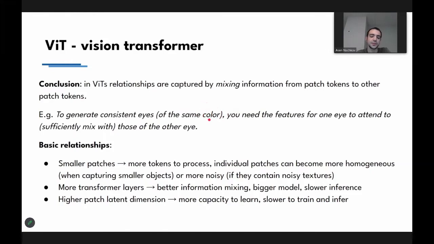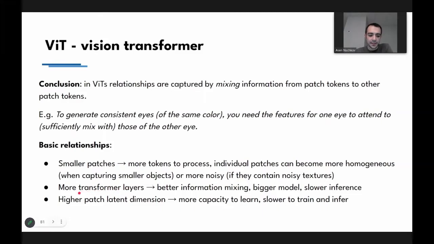And there are all kinds of symmetries. For example, faces are symmetric. So in that sense, you need your visual tokens from the left part of the image to attend to those corresponding tokens on the right side of the image. In general, smaller patches lead to more tokens being processed, which increases computation time and inference. More transformer layers, as in NLP, typically improves performance, but also increases the inference time.